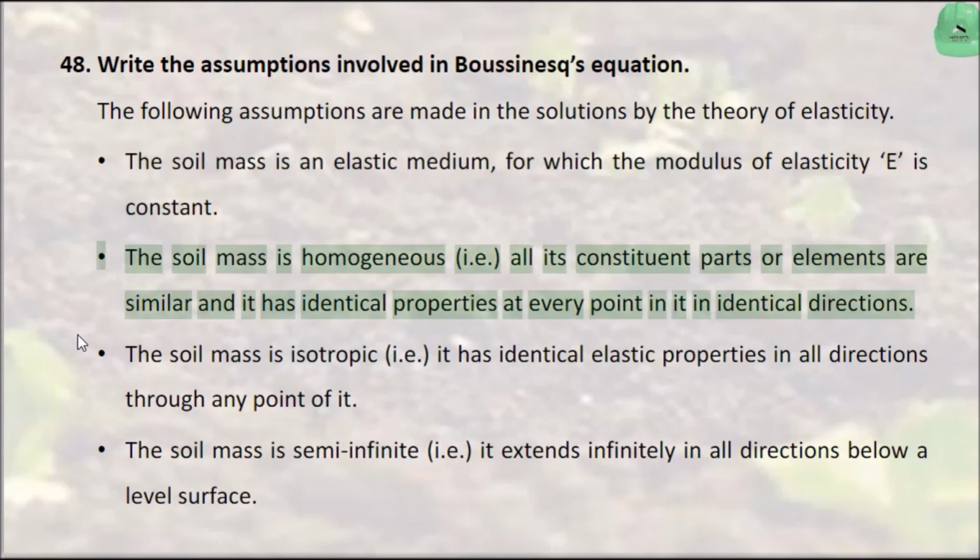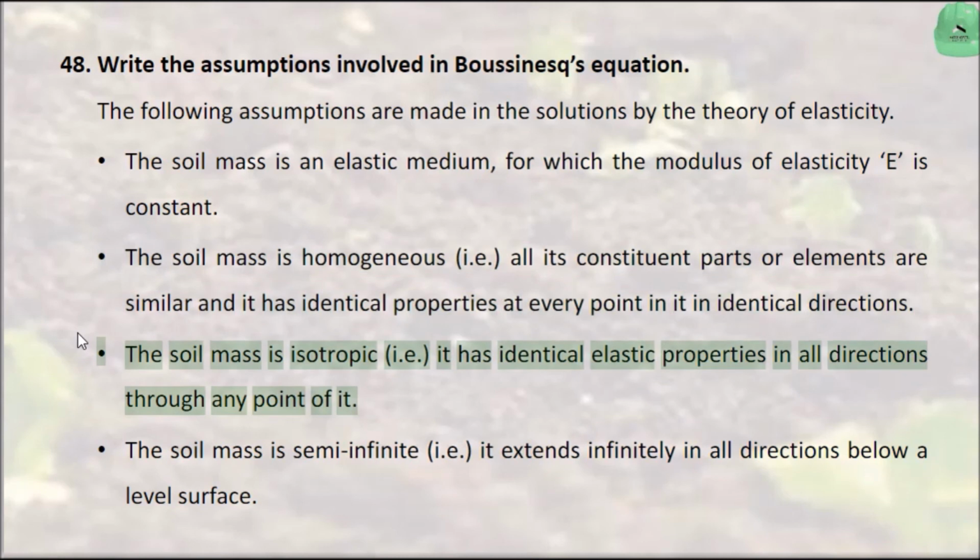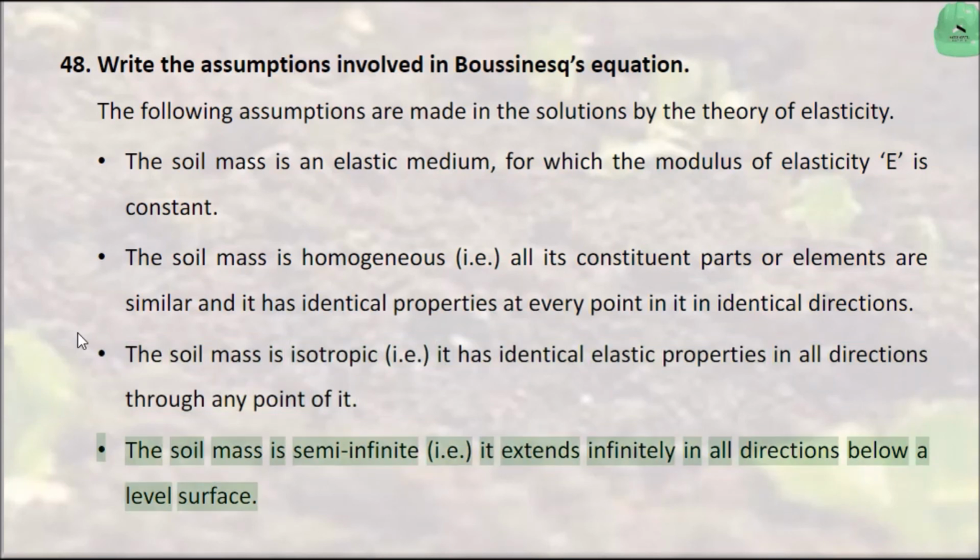The soil mass is homogeneous, i.e., all its constituent parts or elements are similar and it has identical properties at every point in it in identical directions. The soil mass is isotropic, i.e., it has identical elastic properties in all directions through any point of it. The soil mass is semi-infinite, i.e., it extends infinitely in all directions below a level surface.